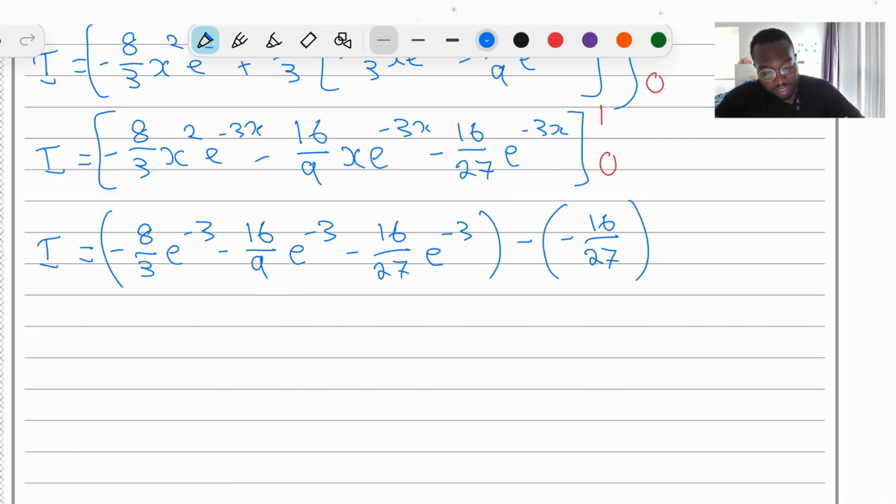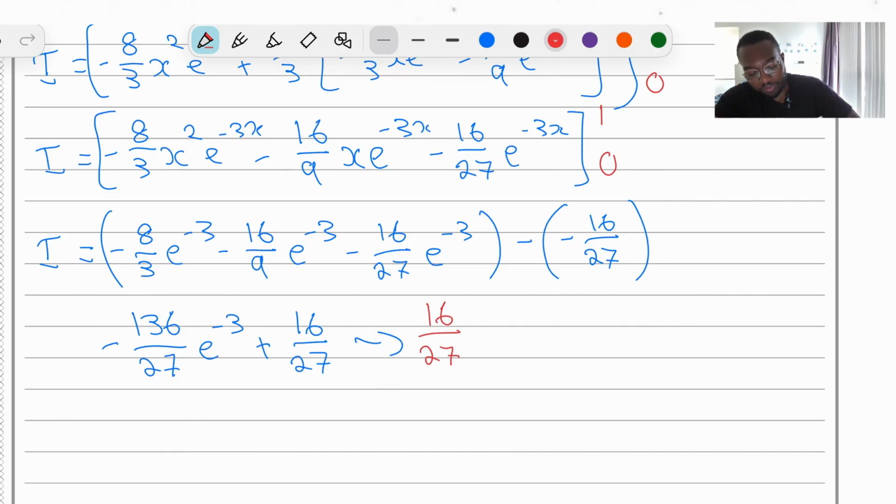You get a minus 136 over 27 e to the minus 3, and then with that minus a minus 16 over 27, so that gives me a 16 over 27. And therefore, if we write it in the form they want, that would just be 16 over 27 minus 136 over 27 e to the minus 3, where both a and b are rational numbers.